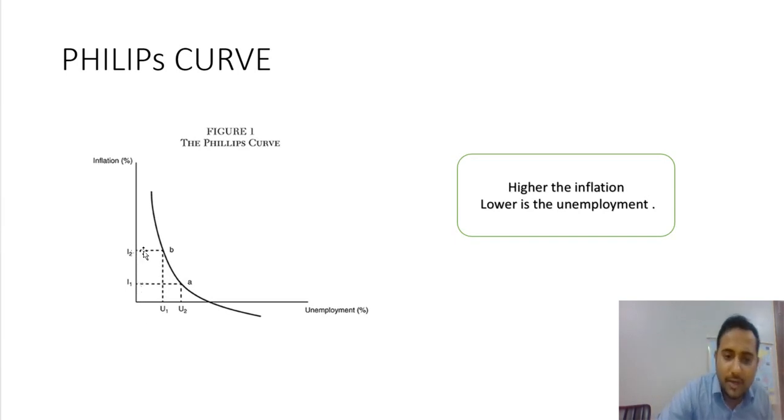Now we can see the line I2, the point B. The unemployment rate is less here. Unemployment rate is low when inflation is high, and unemployment rate is high when inflation is I1, that is I1 is smaller than I2. That means if there is low inflation, then there will be higher unemployment, and if there is higher inflation, there will be low unemployment.